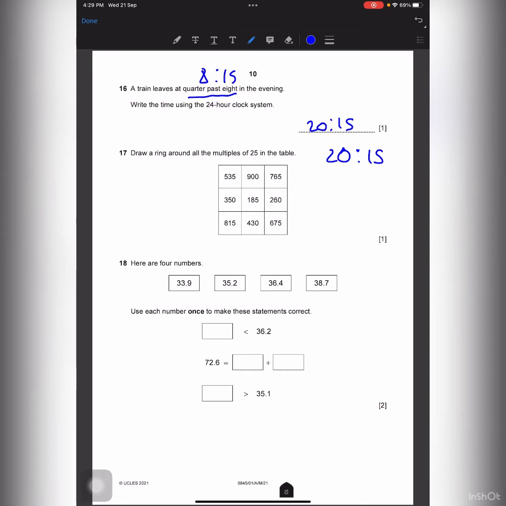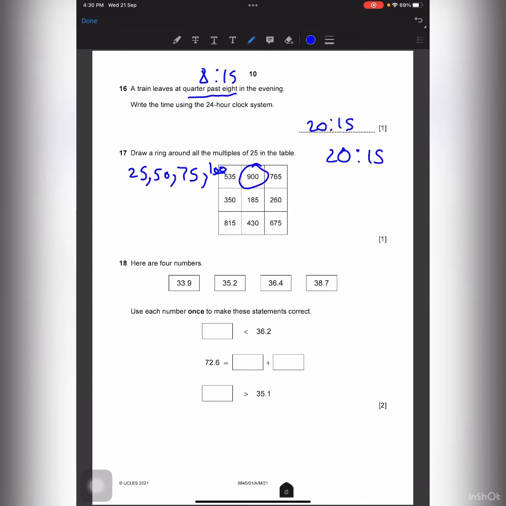Next, draw a ring around all the multiples of 25 in the table. So we're going to write a little bit of the table of 25. So there's 25, then it's 50, then it is 75, and then it is 100. So as we're noticing, if there are 2 zeros at the end, then it is a multiple of 25.